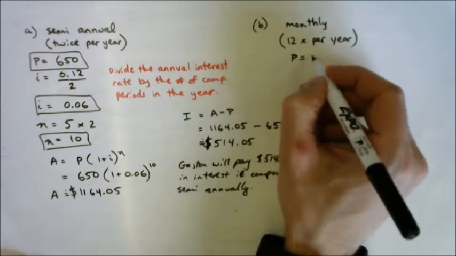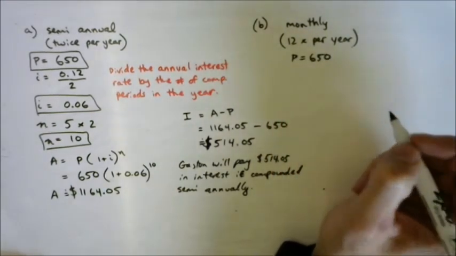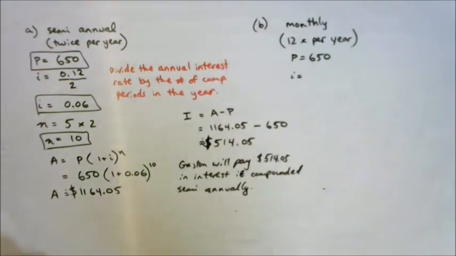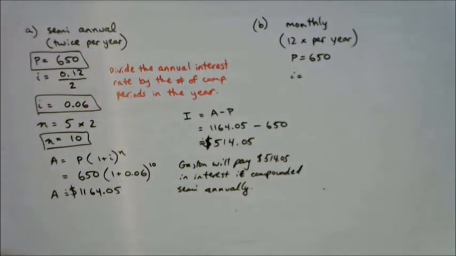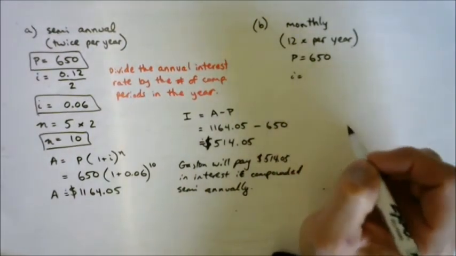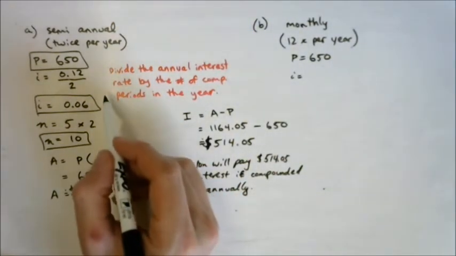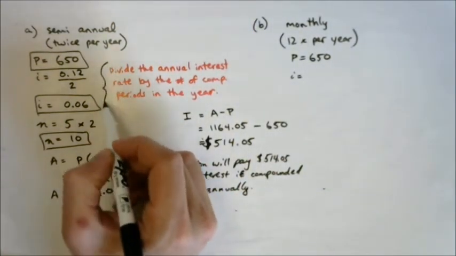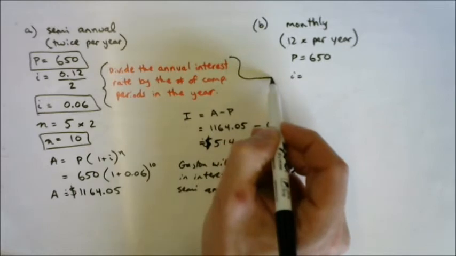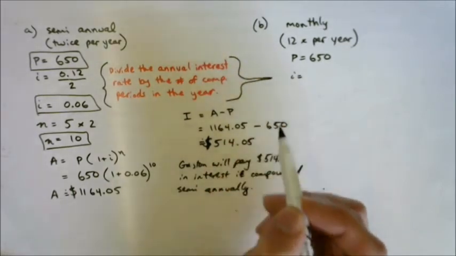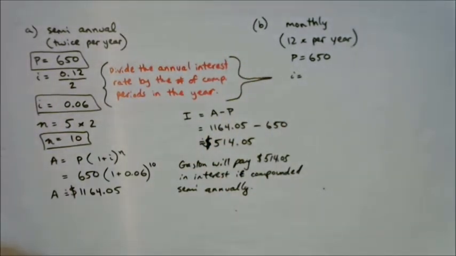We know P, 650. The interest rate, what do I do now to find out my interest rate? Pretty much just read the red writing.